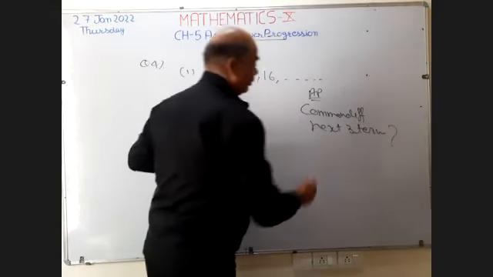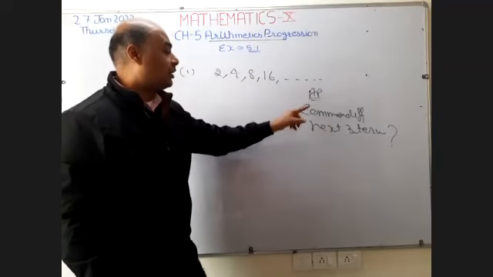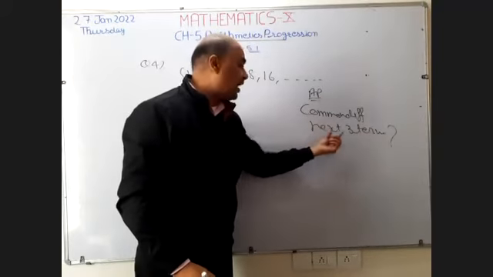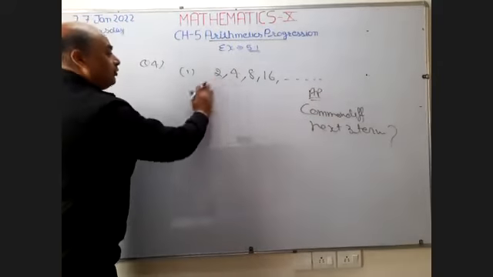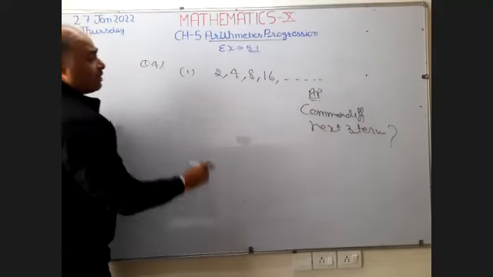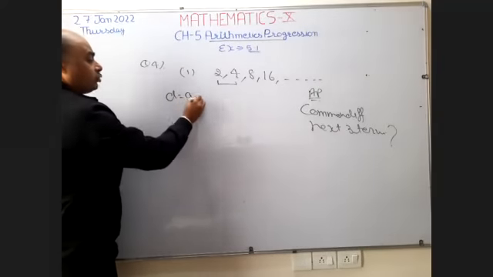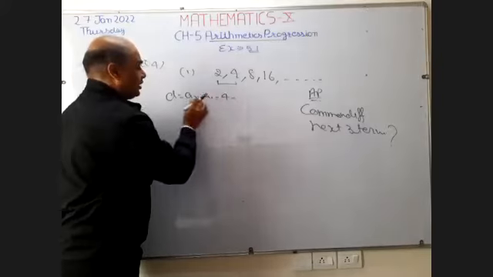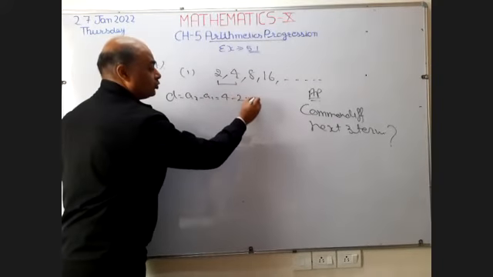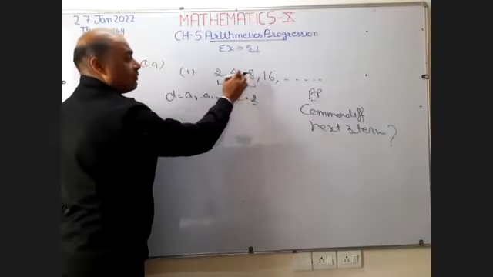Now check. First I want to check whether the given sequence is in AP or not. So I want to check with the first 2. D equals A2 minus A1. What is second term? 4. What is first term? 2. 4 minus 2 is 2.